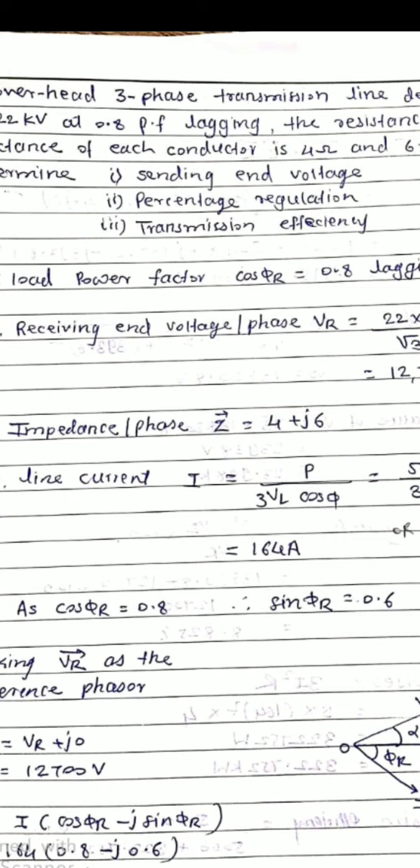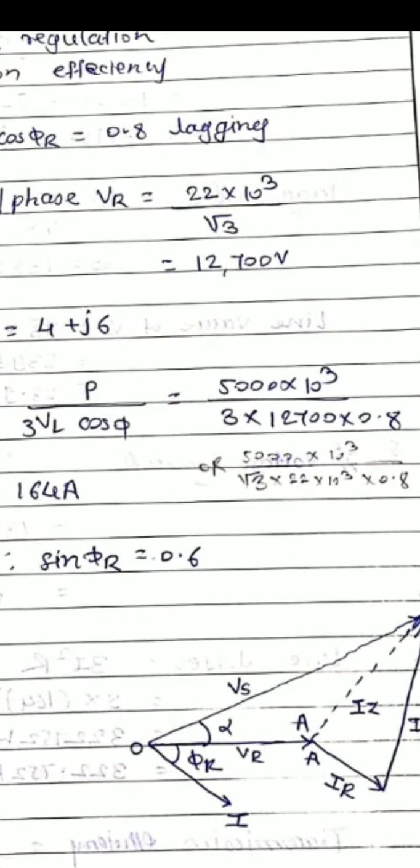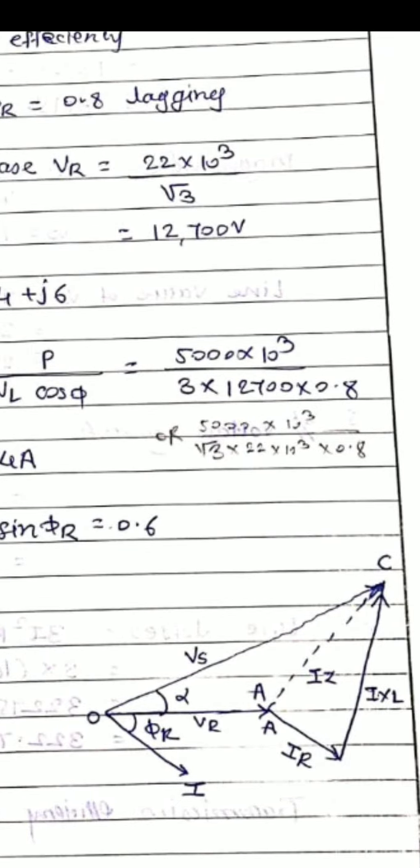Taking Vr as the reference phasor, as shown in the figure, Vr is equal to Vr plus j0, so Vr is 12,700 volt. Then I is equal to I into cos phi r minus j sin phi r.